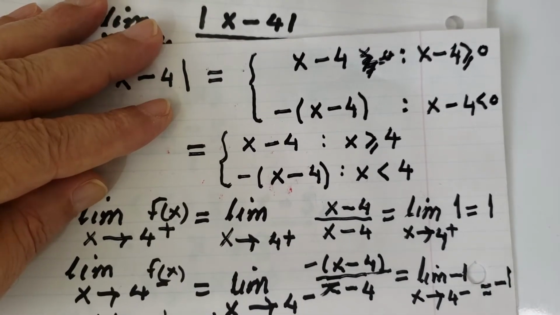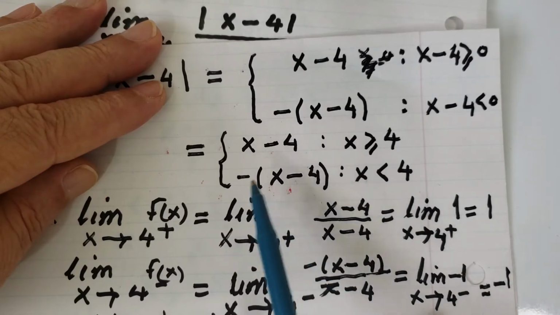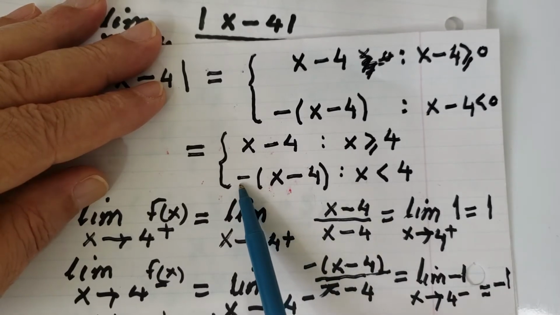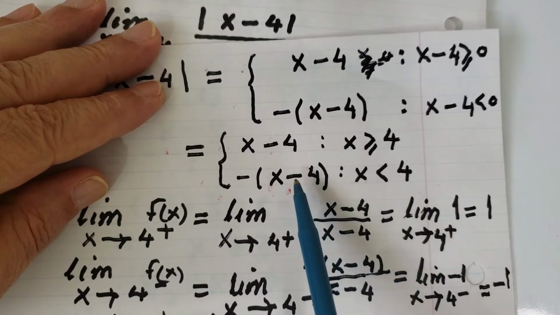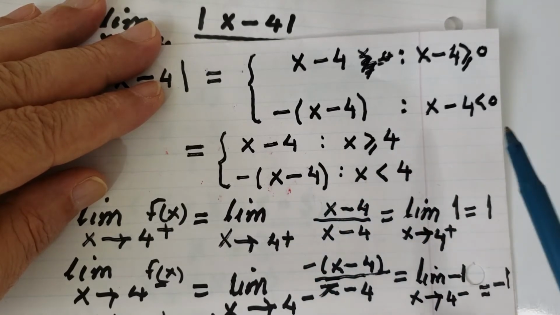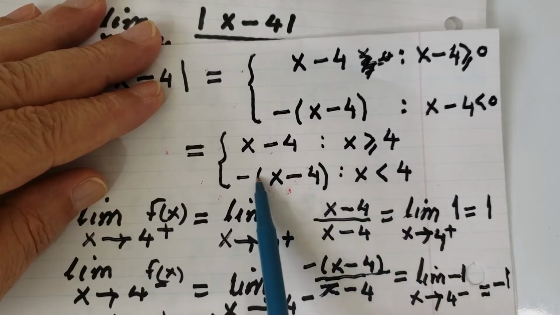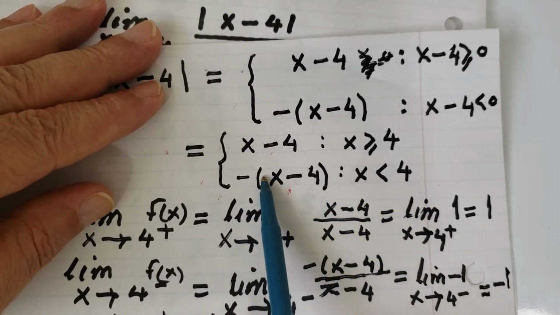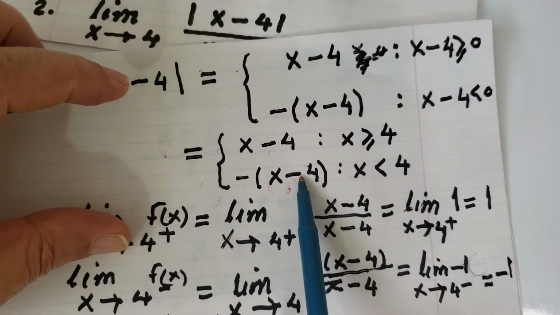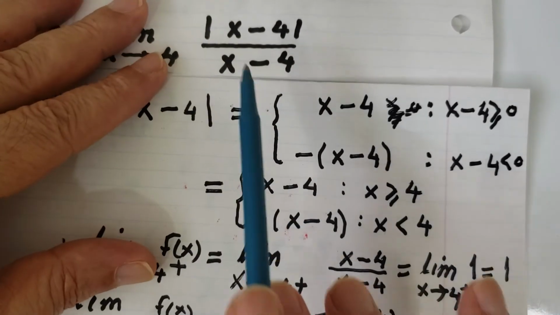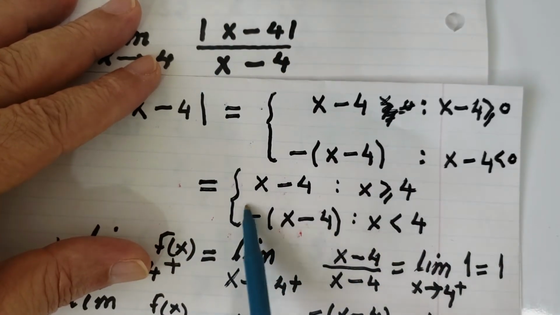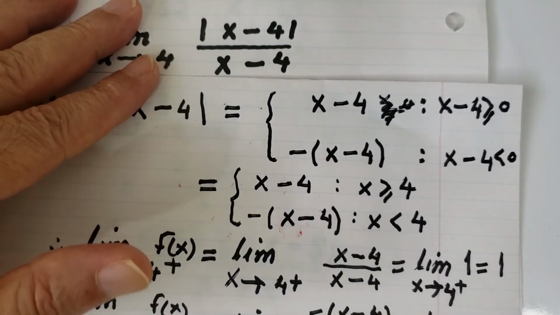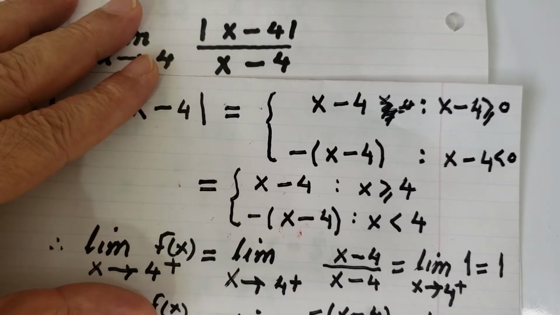And again we repeat that, dealing with when x tends to 4 from the left of 4, I mean from values less than 4. That's why we take this equation and put it instead of the absolute value. Instead of the absolute value here, we will put this form. So the equation will start to be in this shape.